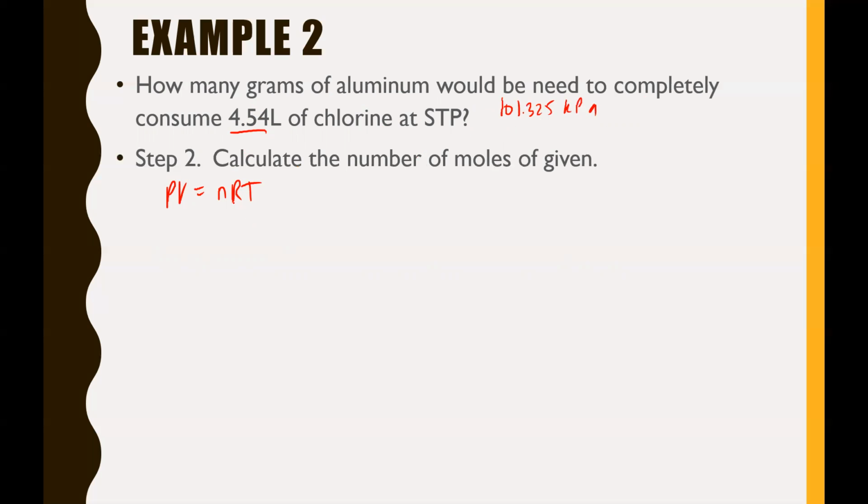And we have a temperature right over here, T, 273.15 Kelvin. And then R is always 8.31. So we've got this, we got R, and we got T. So that's enough to find N. Let's throw these numbers in. Pressure is 101.325. Volume is 4.54 equals N, which is what we're looking for.